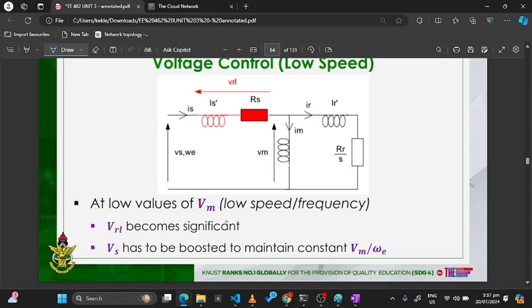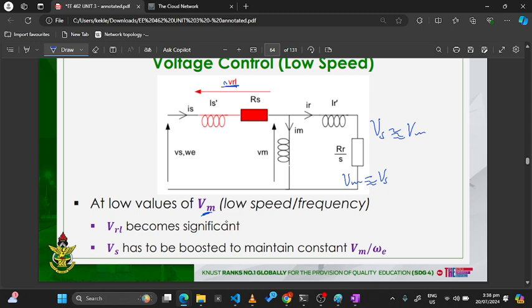Okay, then we now look at the instance of low values of Vm. At low values of Vm, Vm is not almost equal to Vs, because at that point VRL will be significant. Okay, then if that happens, you can't say Vs is approximately Vm, or the other way around.